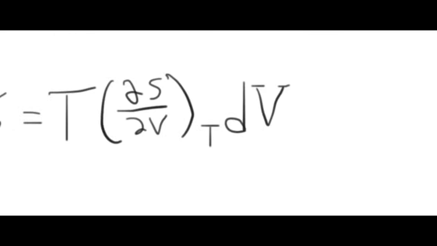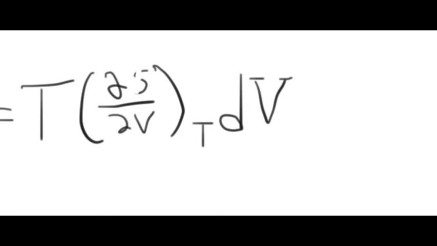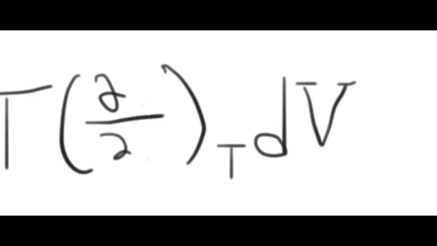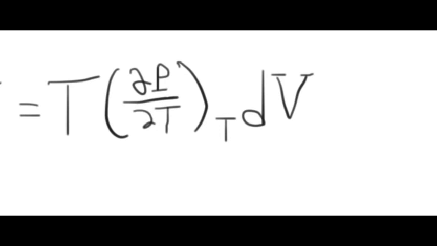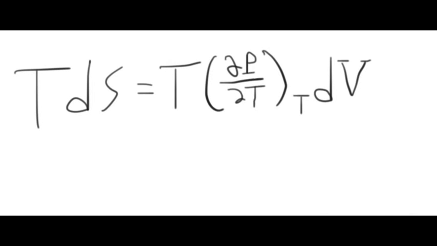Go ahead and make this a full derivative. That's still at constant T, and this is V final minus V initial. That's the only difference in the term now that we're not dealing with multiple derivatives, which is nice and helpful.